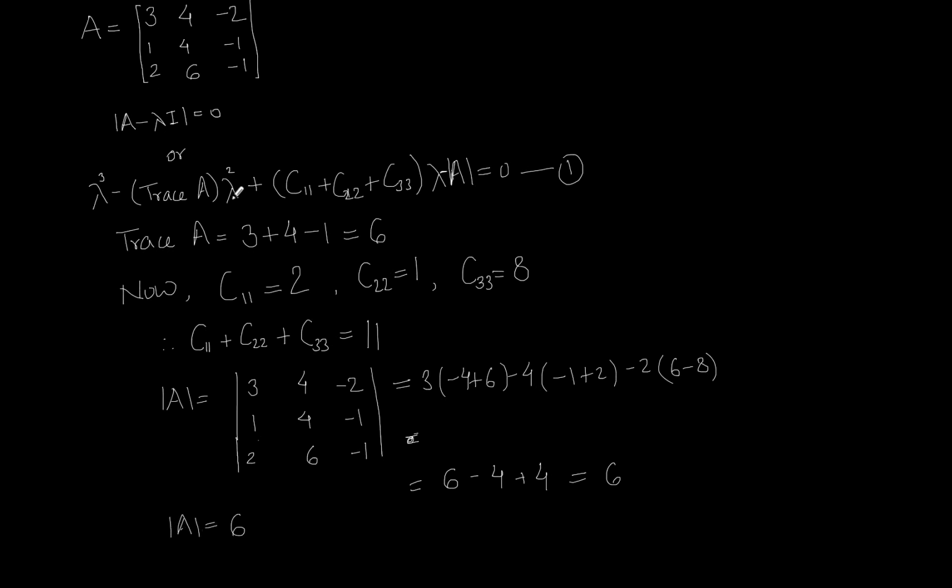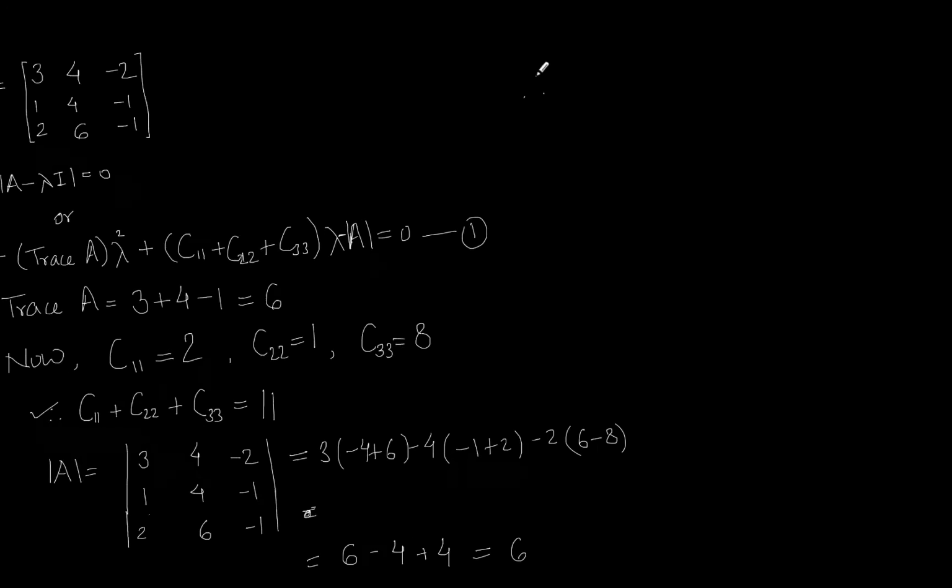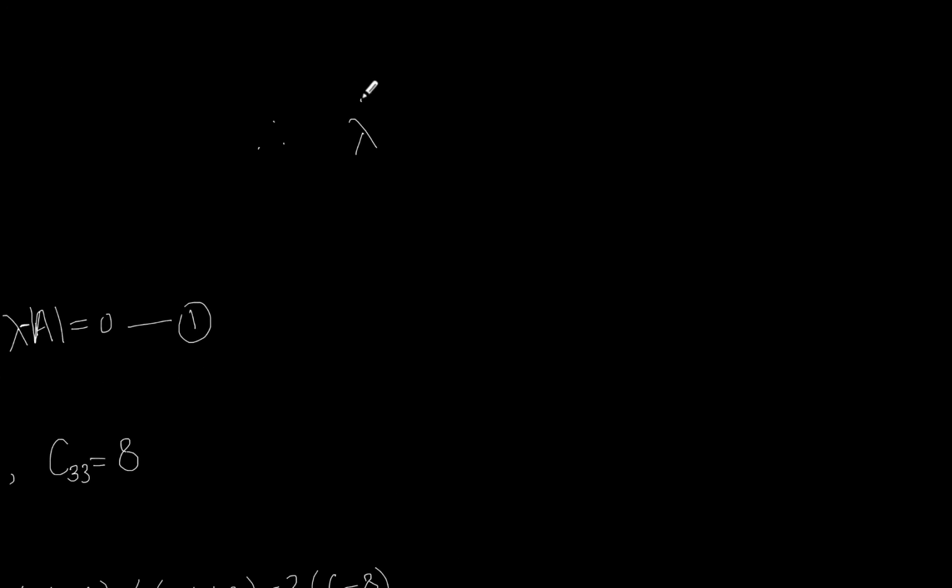Now we have the values of trace of A, the sum of diagonal entries, and the determinant. Put all these values in equation 1. So we will get our characteristic equation as lambda cubed minus 6 lambda squared plus 11 lambda minus 6 is equal to 0.